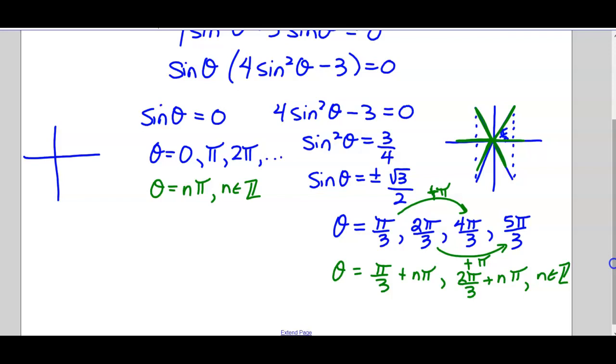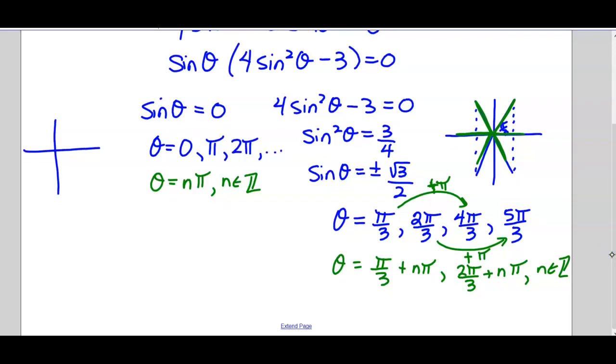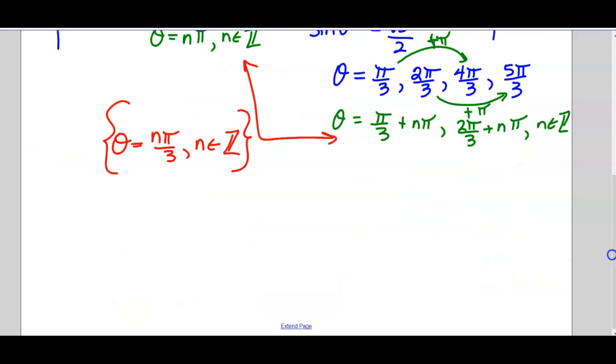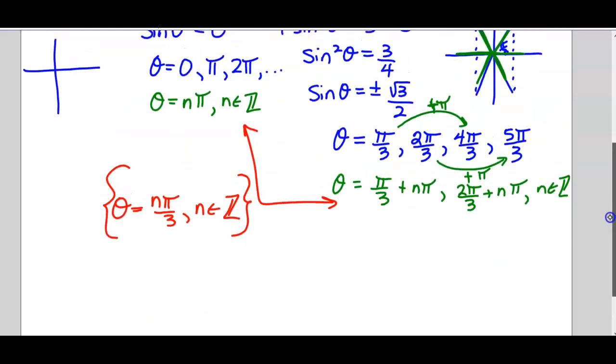But then overall, the magic happens, and all of those in green are just multiples of pi over 3, as one statement. Do you need this? No, you don't. Makes it look good. Definitely do not put regular brackets. That's not important.